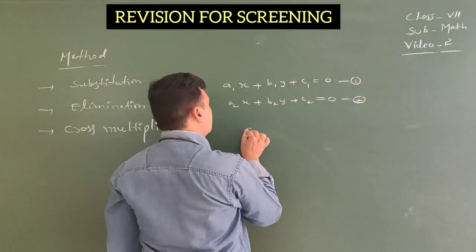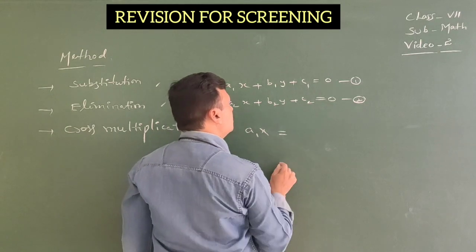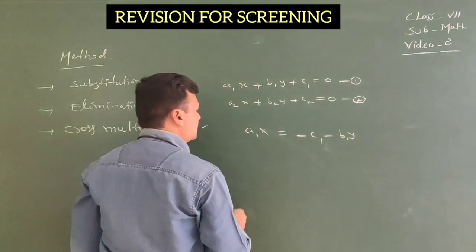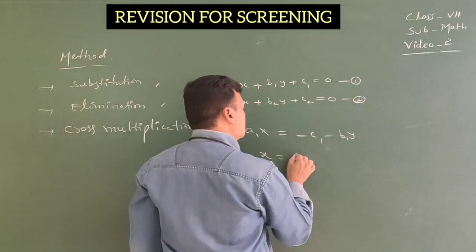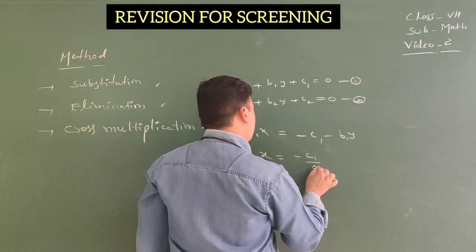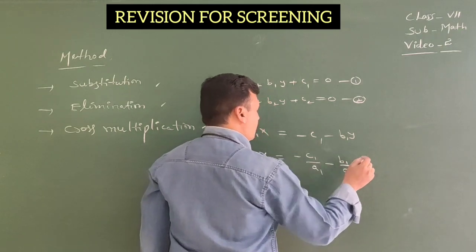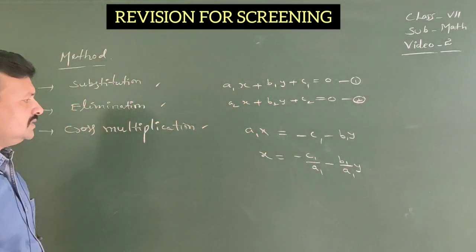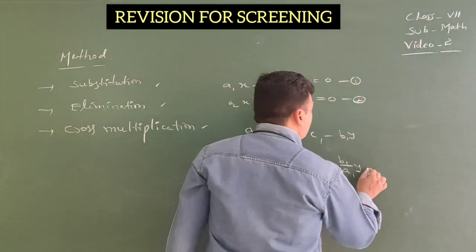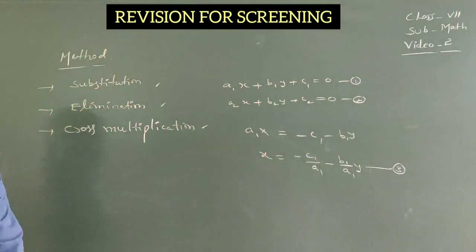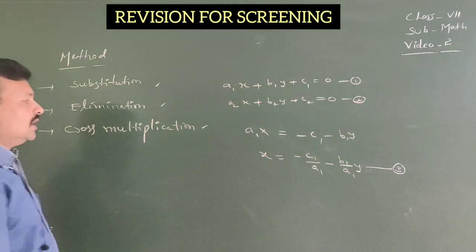For example, here a1x equal to minus c1 minus b1y. Now x equal to minus c1 by a1 minus b1 by a1 y. So here we converted one variable in terms of another one.